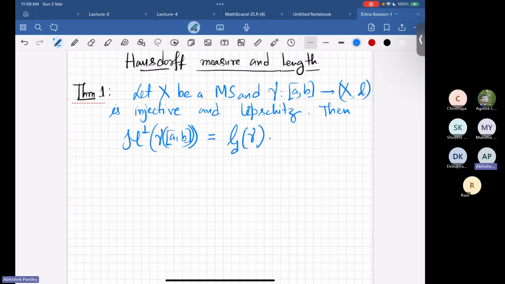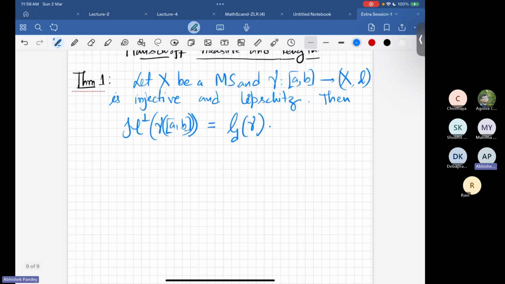So this is a very good result. This result also holds in a more general setting, that of a simple curve, meaning the pre-image of every point is an interval.